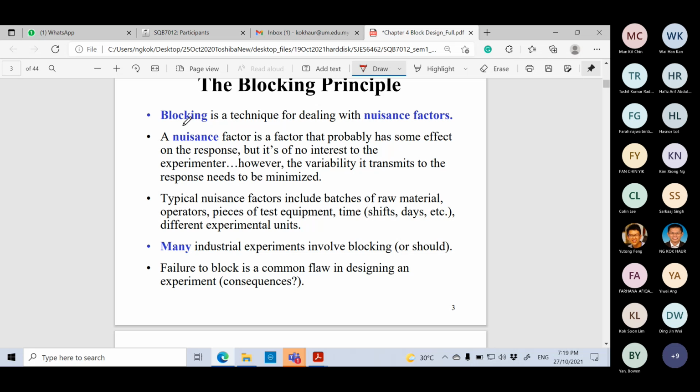So blocking may not be in your analysis. If you think that you do not have a nuisance factor, you totally don't need to consider it. Okay, so many industrial experiments involve blocking. Failure to block is a common flaw in designing an experiment, because this will affect your result. Later on, when I show you the formula, you will be aware of that.